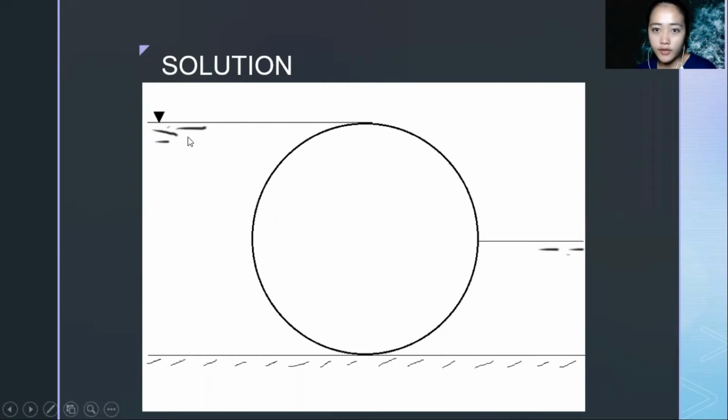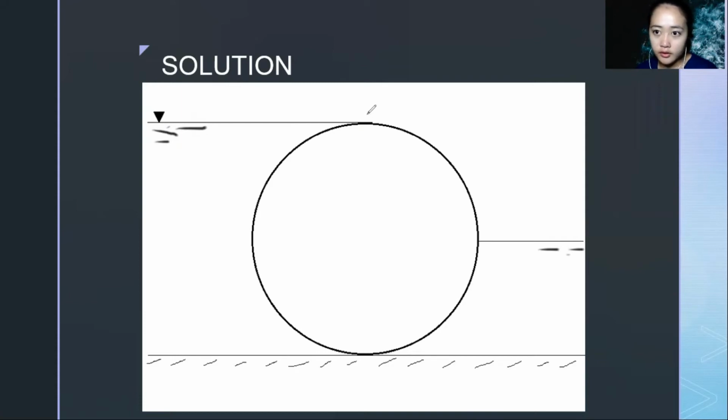So this is the free surface and this is the free surface. What we're going to do now is get the horizontal forces and vertical forces.